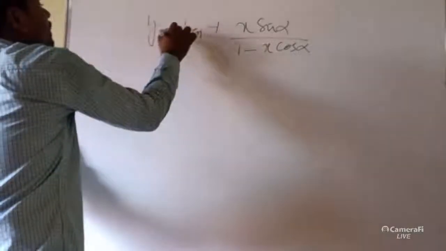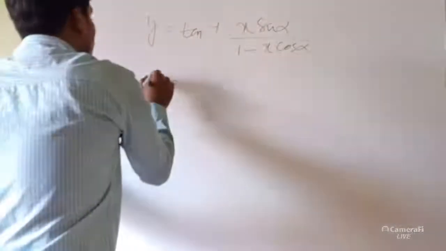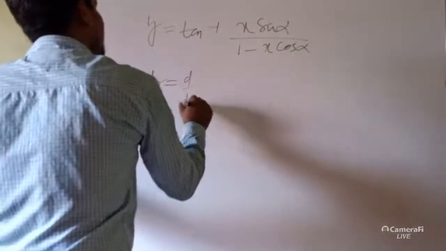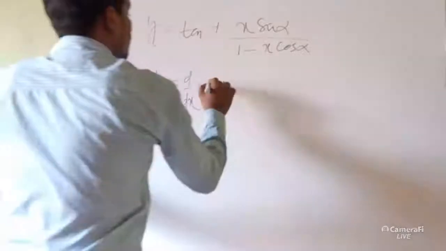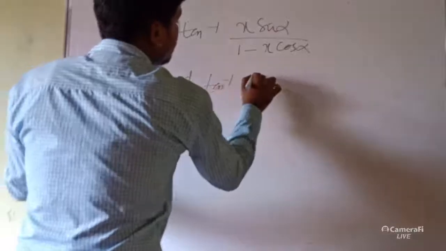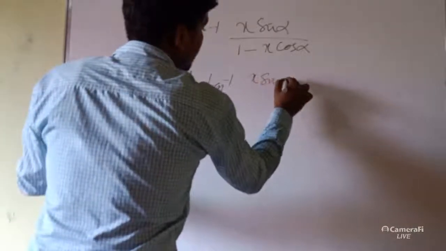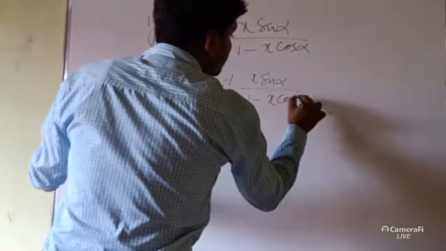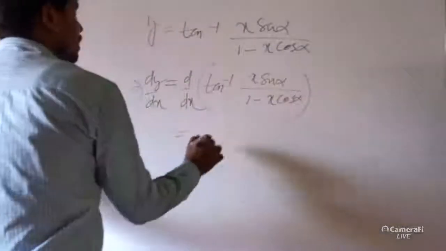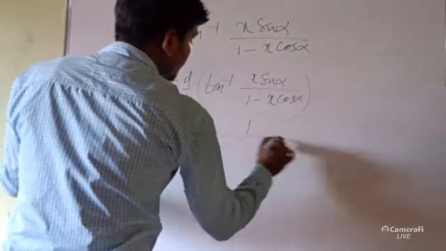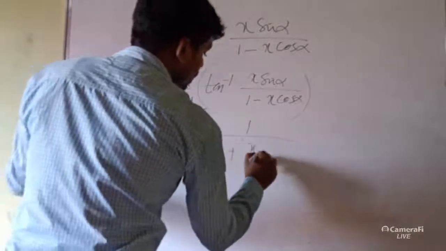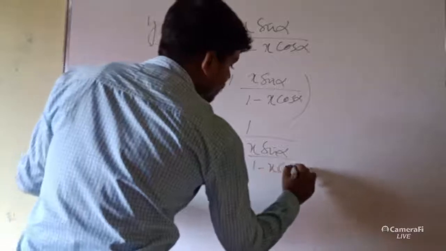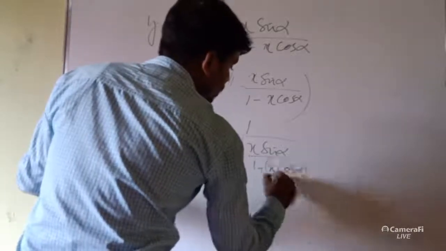Now this is y, and dy by dx equals d by dx of tan inverse of x sin alpha by 1 minus x cos alpha.